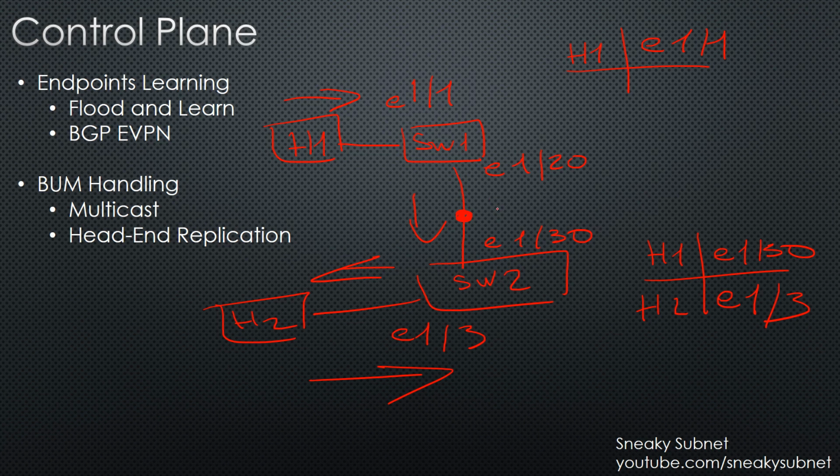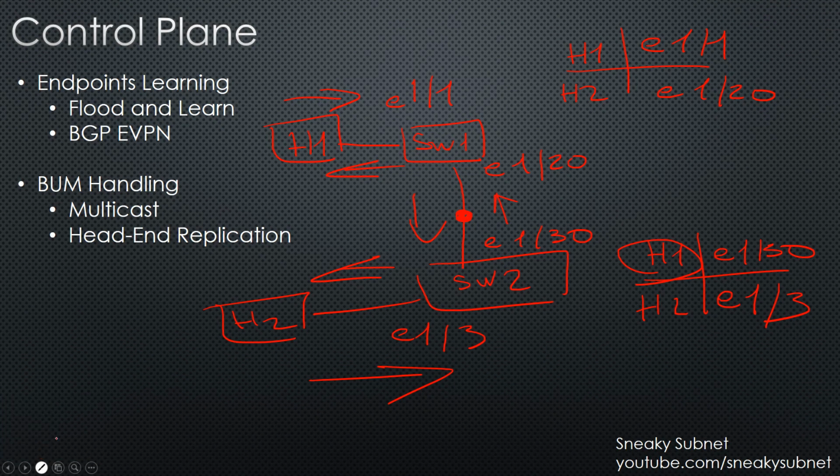Switch number 2, because it already knows about host number 1, sends it out interface Ethernet 1/30. Now switch number 1 learns about host number 2. It is located behind Ethernet 1/20, and it is capable to forward it to host number 1. So this is how vanilla Ethernet works. I'm sure you are familiar with that.